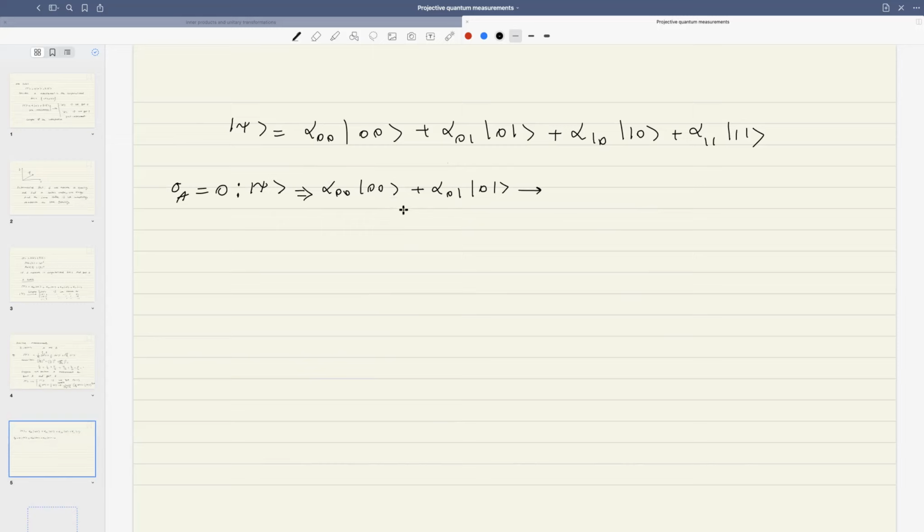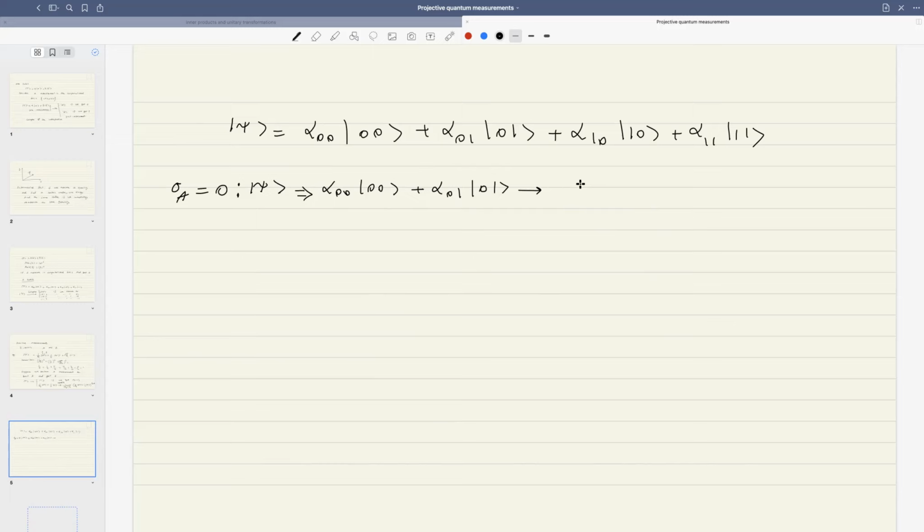Okay, so now this, let's say, goes to that. And then, well, this is not normalized, but to normalize it, I just divide by the square root of the sum of these quantities, absolute values squared.